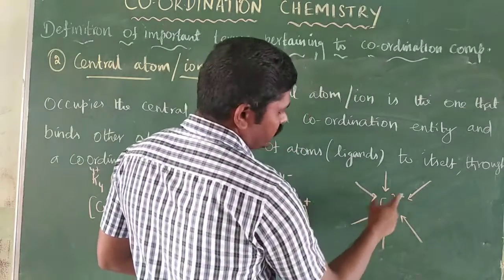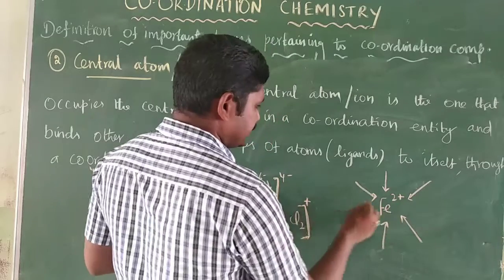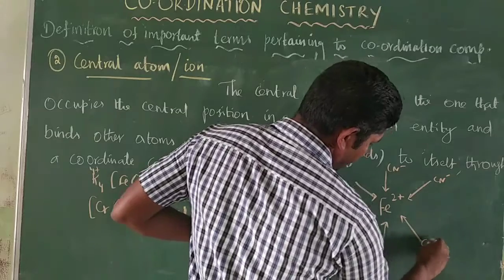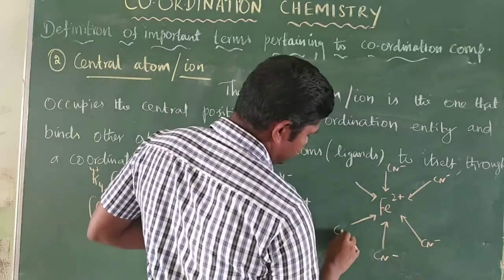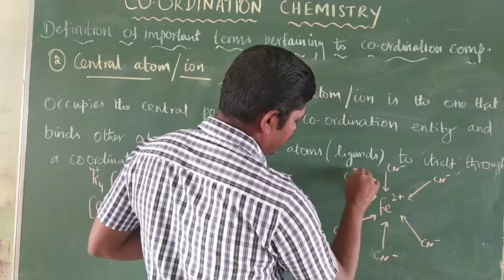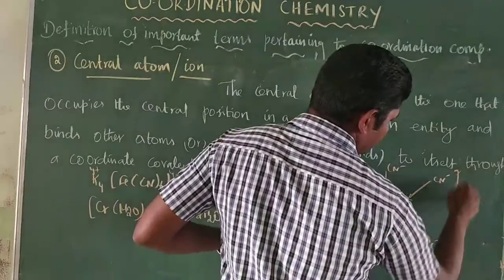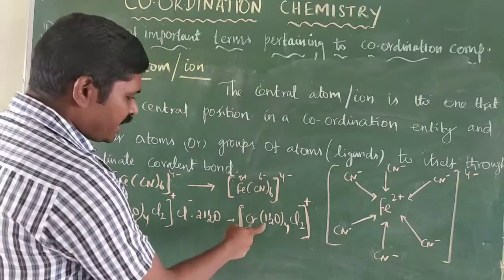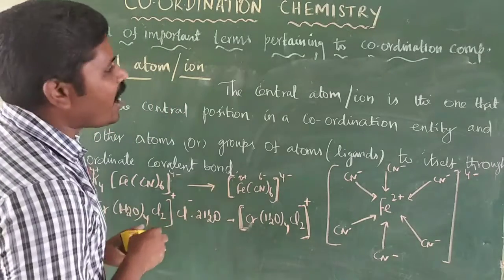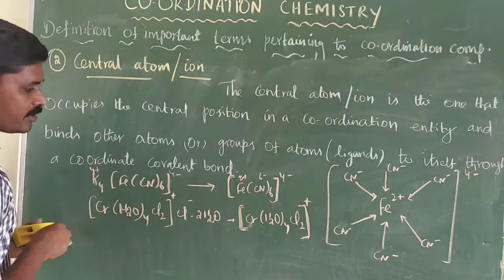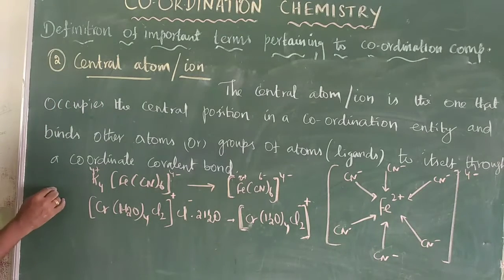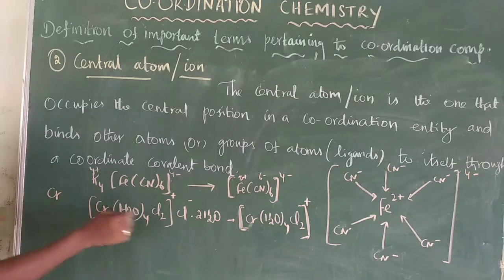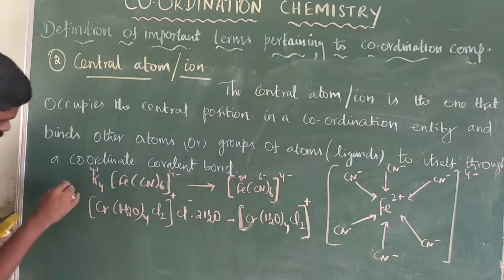So Fe with six CN minus, giving 4 minus. It's a coordination entity. In the other compound, Cr, right? So H2O.